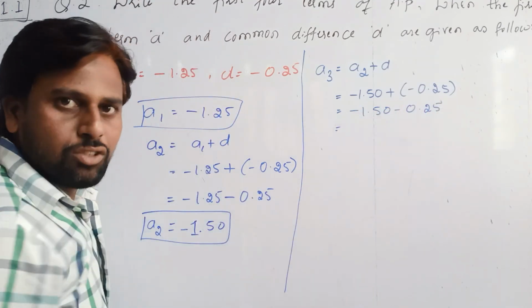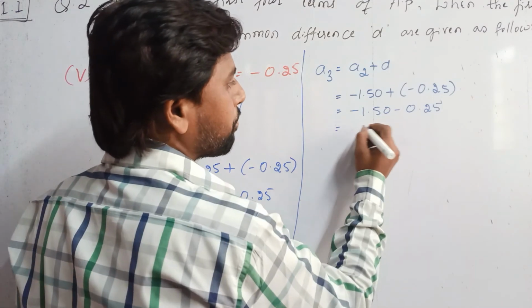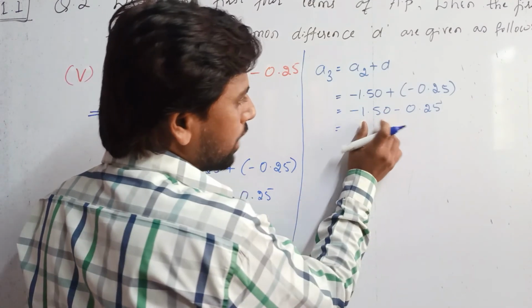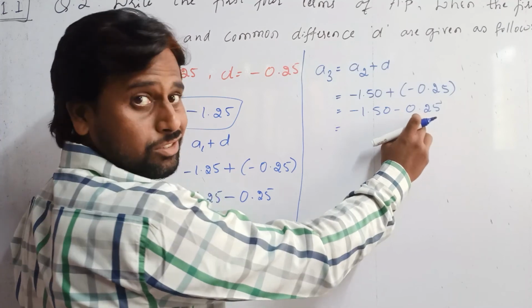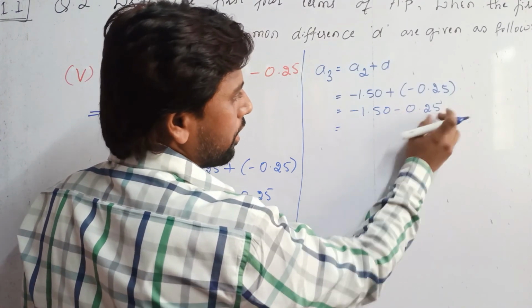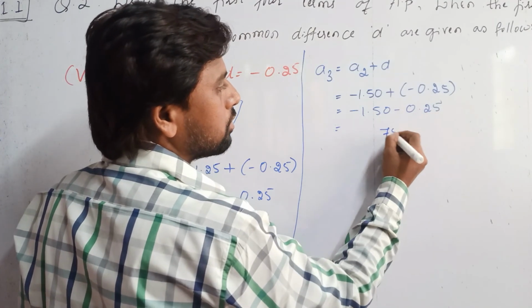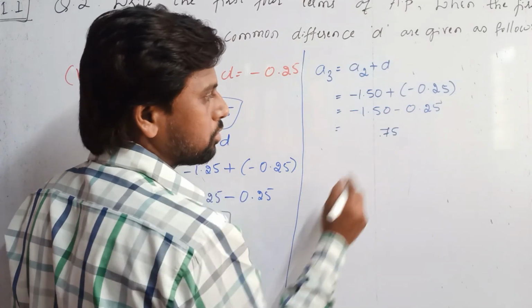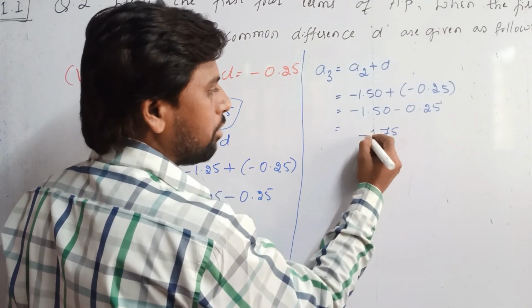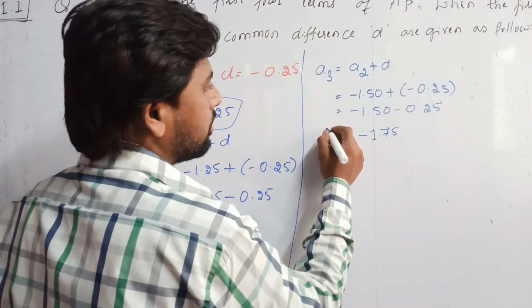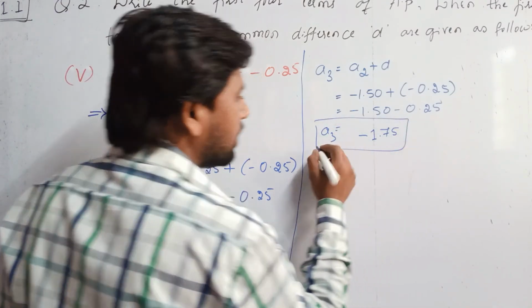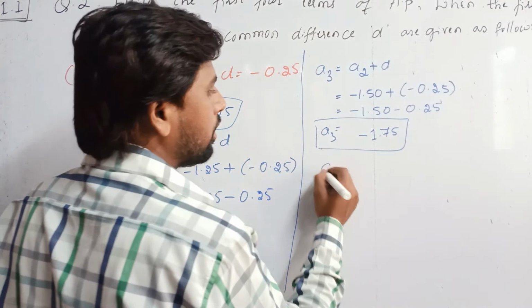Again what? Minus into minus, obviously plus. So what happens here? Now we should add 1.50 plus 0.25. So the 25 plus 50 is how much? 75 point. Here 0 plus 1 is 1. So sign will be again minus only. So it is considered as what? A3.